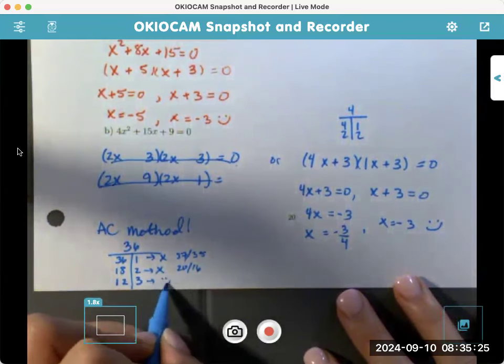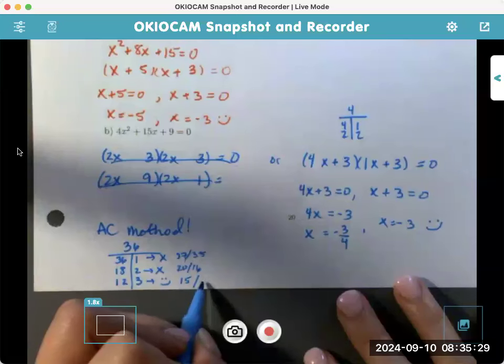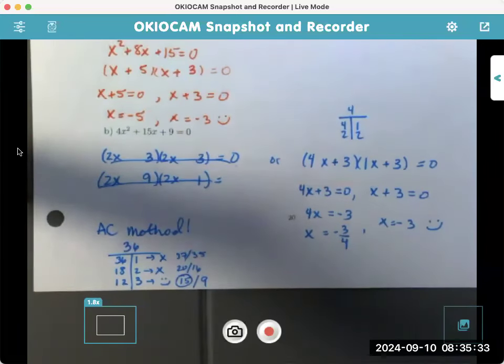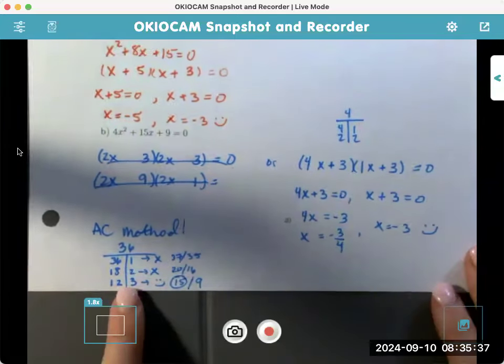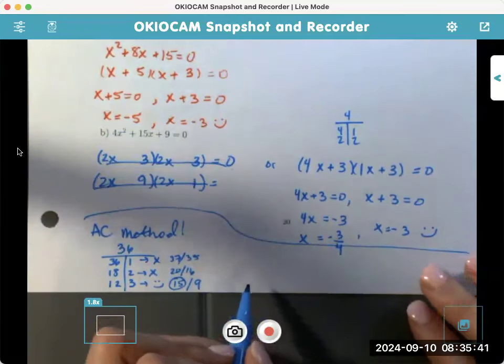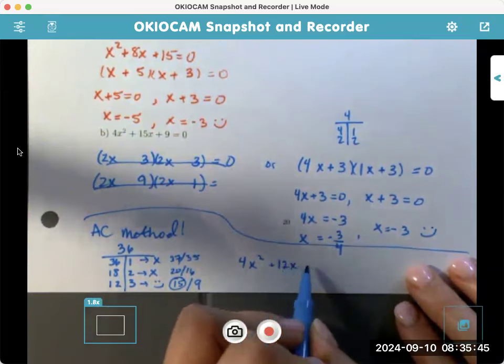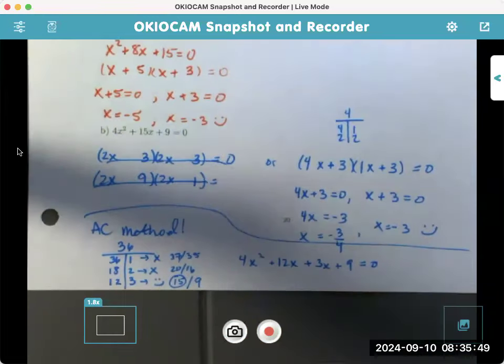And 12 and 3 does work because that's 15 or 9. That's the 15. So this tells us what our x terms are. So this then becomes our 4x squared plus 12x plus 3x plus 9 equaling 0.